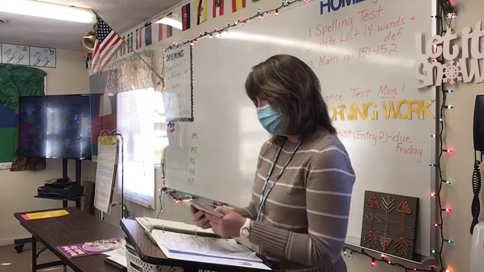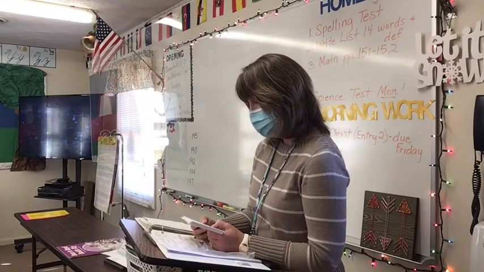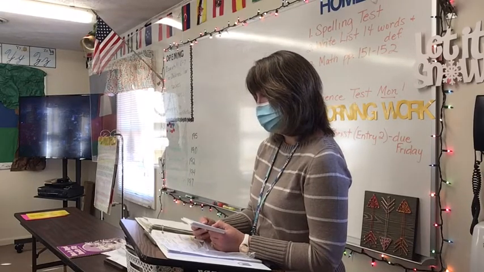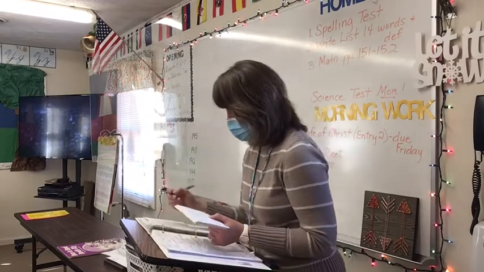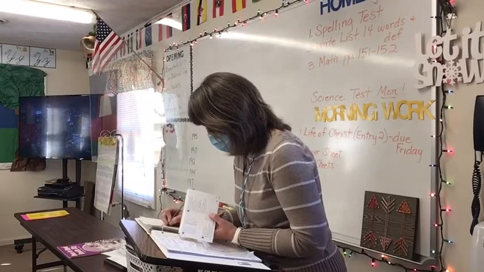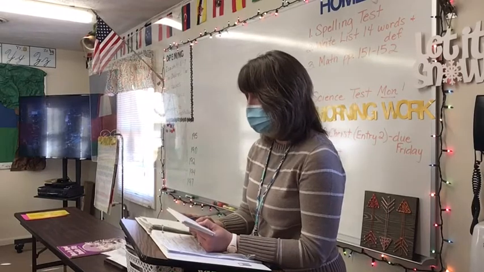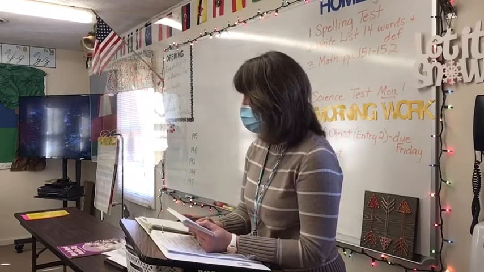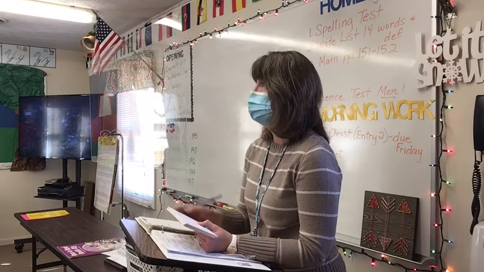Ready? 6 divided by 2 times 5 plus 6 equals 20. 21. Lucy got it. Okay, next one. 16 divided by 4 times 4 minus 16 equals 0.